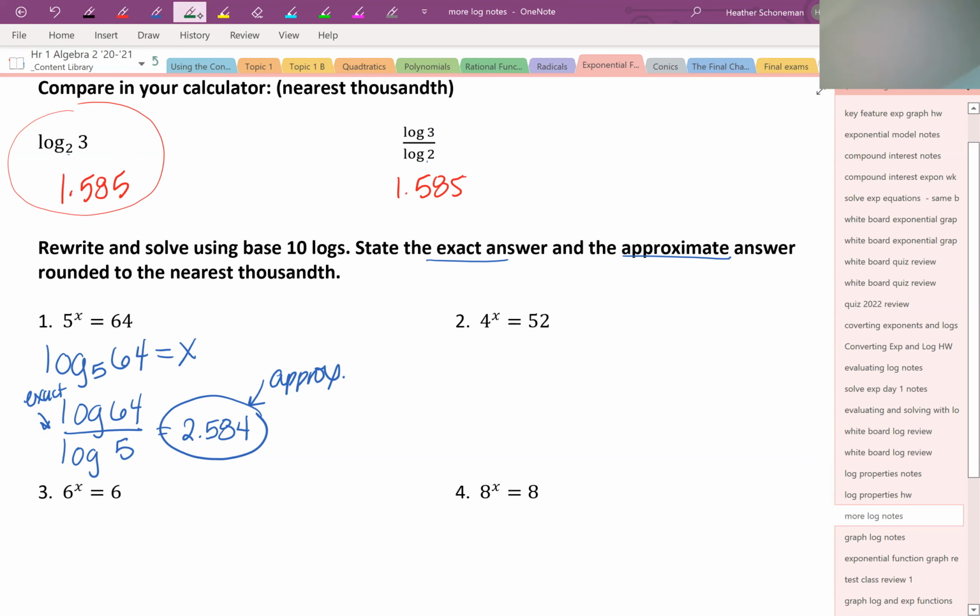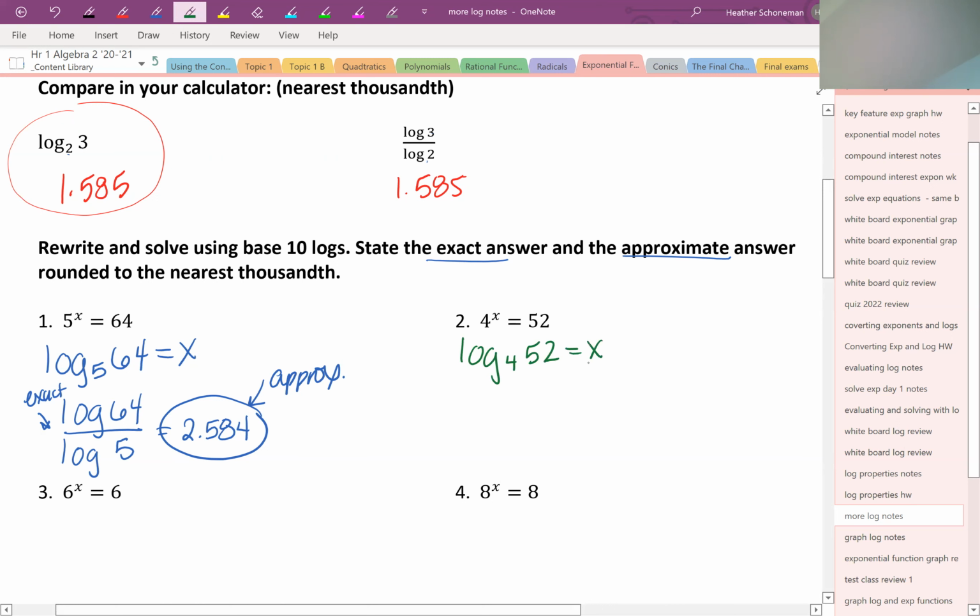Okay, let's try this again on number 2. So on number 2, when I rewrite that, it's going to be log base 4 of 52 equals x. So instead of putting it in our calculator right this way, we're going to write it as a base 10, just simply because I want you to have both skills, not because one is better than the other. So I would do log 52 over whatever the base is, log 4.